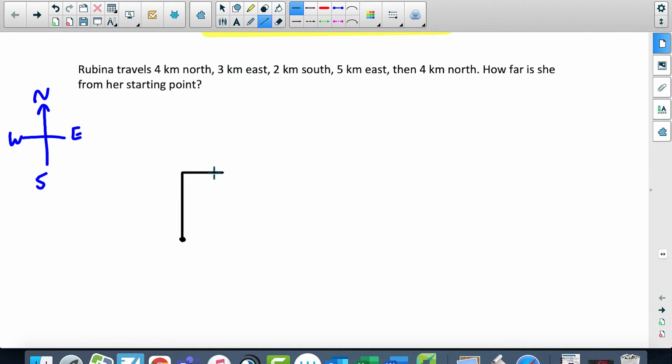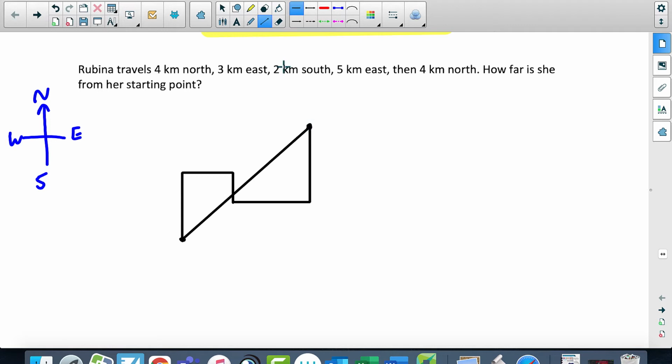Doesn't matter, we don't have to nail it, but a little bit less. 2 kilometers south, so she's coming back down about half the amount that she went up, so somewhere around there. 5 kilometers east, so a fair bit out this direction. And then 4 kilometers north, so something like that. So she now finds herself way up here. And the question is, we want to know, what is this distance from here to here?